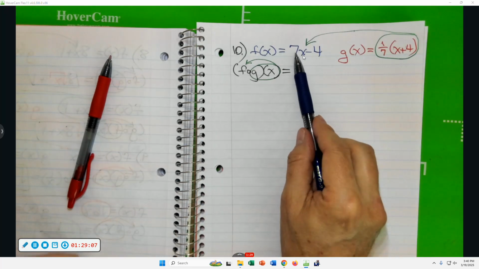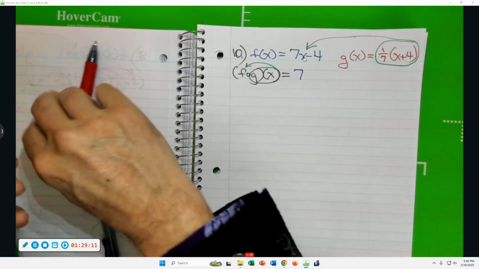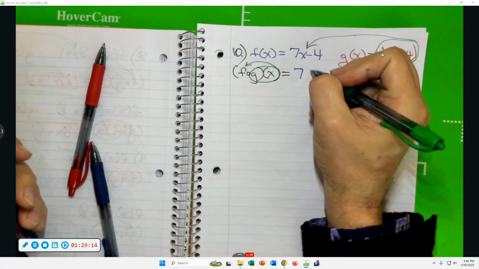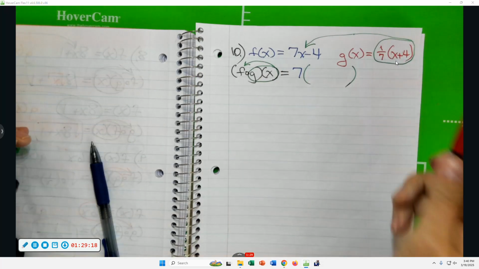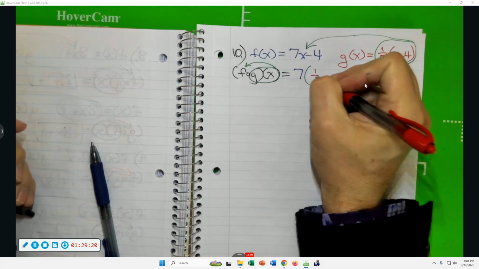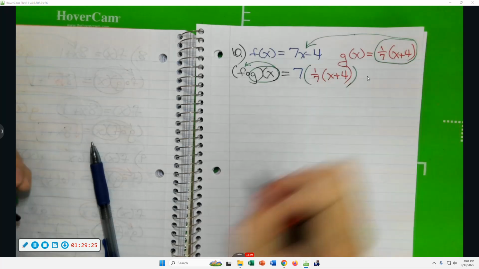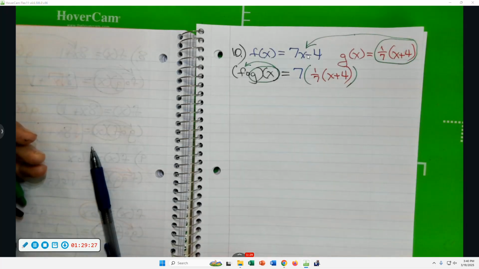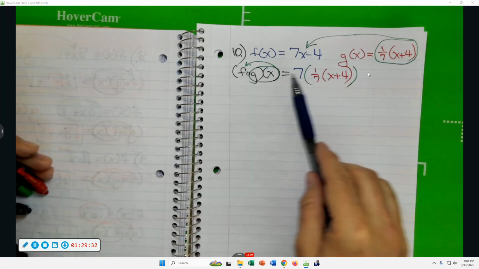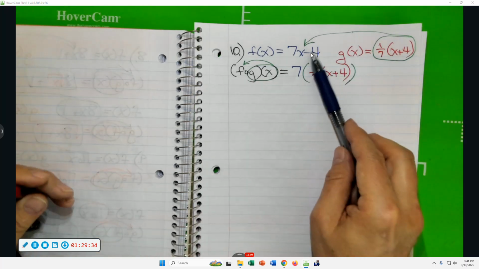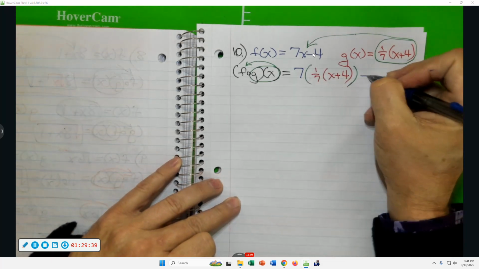So we have the blue 7, and it's going to have to be multiplied by that red 1/7 times x plus 4. What else do we have stuck on there? There's something else I have to write on this line. Yeah, the minus 4. We replaced the x with this stuff here, and then minus 4.